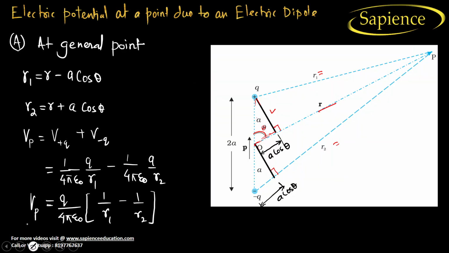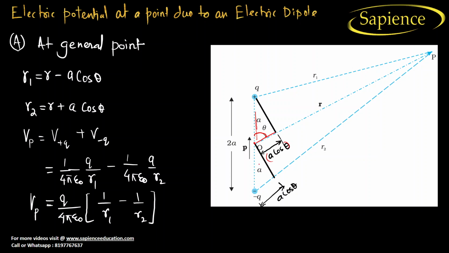This angle is theta, and this distance is a because it is the midpoint and the total distance is 2a. So this distance will be a only, and this distance we don't know. How will you find this? Can you tell that this is a cos theta? I won't explain why this a cos theta is coming.